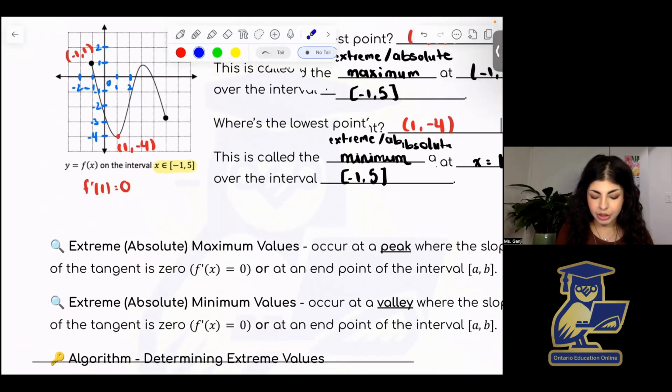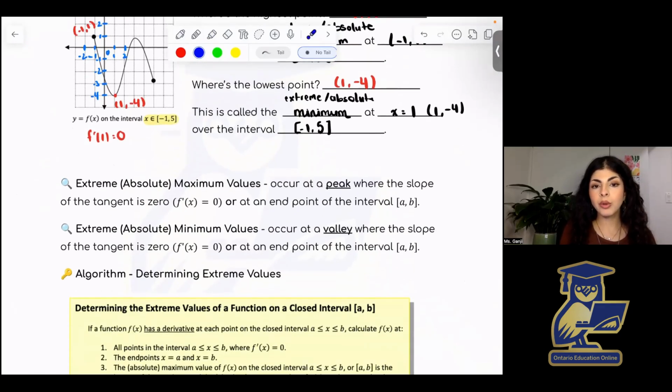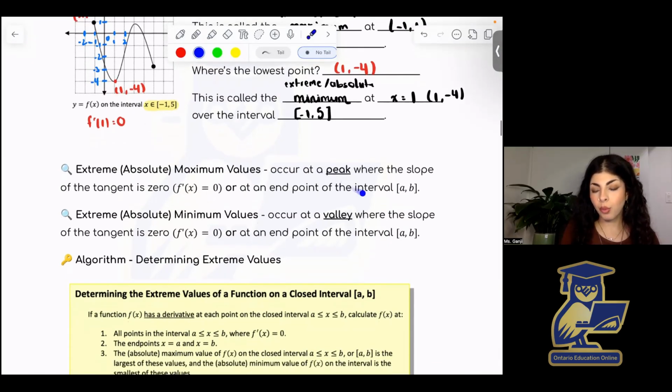Now, just giving definitions, an extreme or absolute maximum value occurs at a peak where the slope of the tangent is 0, so f prime of x is equal to 0, or at an endpoint of the interval a, b. And in both of these, it is an inclusive interval.